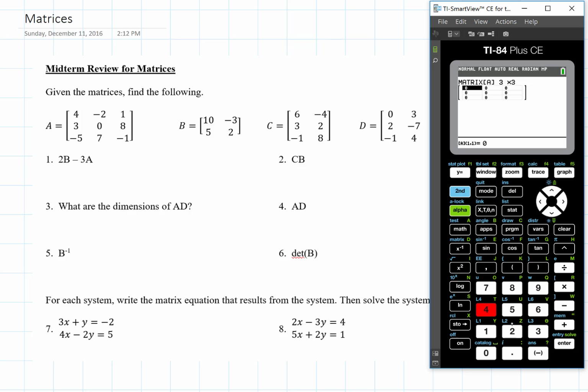It has the elements 4, -2, 1, 3, 0, 8, -5, oops, double negative there, -5, 7, and -1.